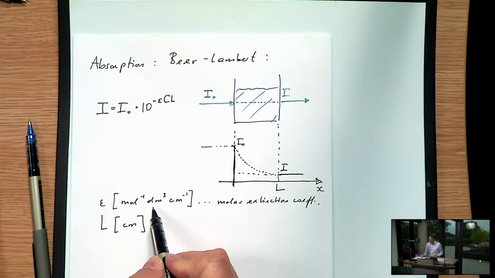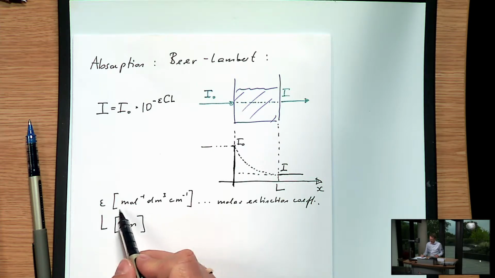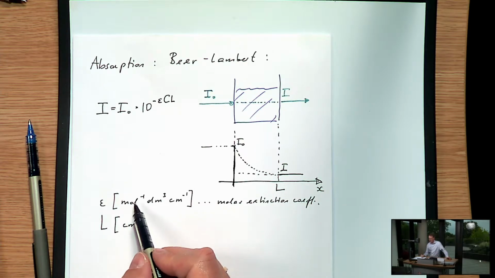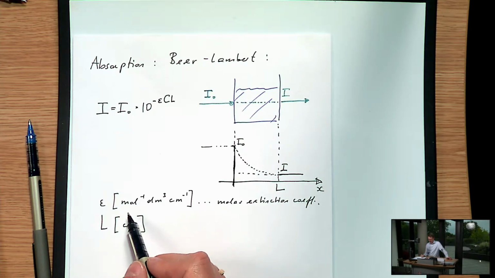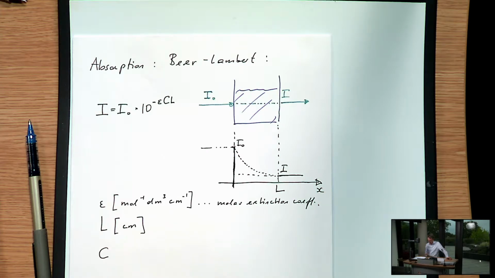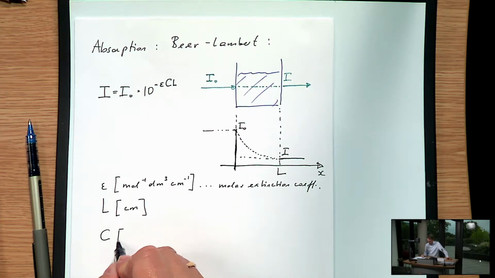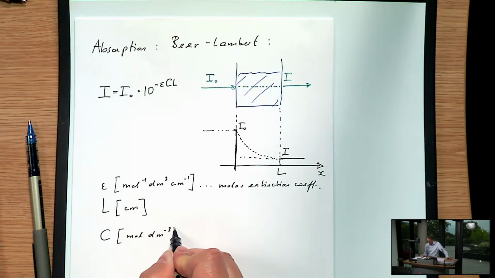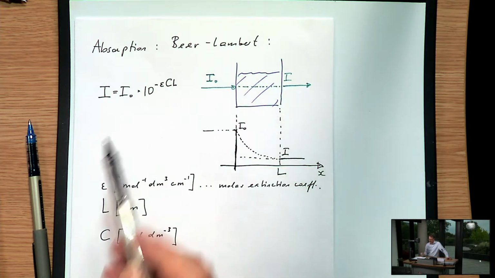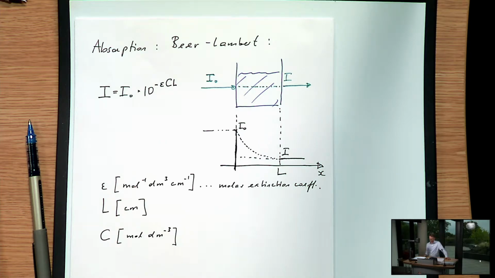And cubic decimeter, that is essentially because the absorption is calculated for a concentration of C mole per cubic decimeter. So the units all make sense; they cancel out, and so all this works.